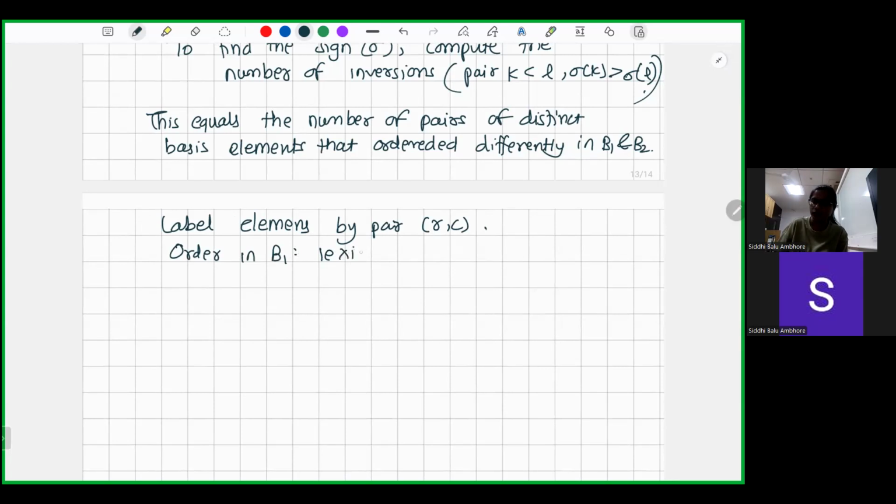I hope you know what lexicographic order means. Lexicographic order means in a tuple we check for the first inequality, then the second, and then the third. It is also called taxicab order.